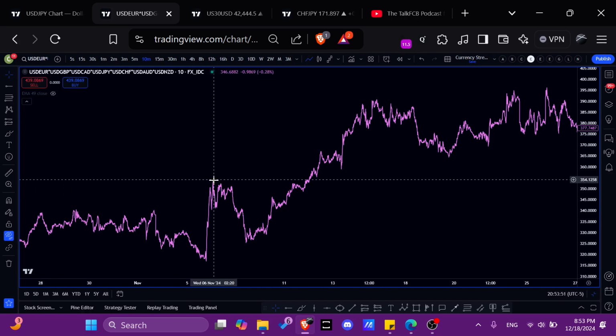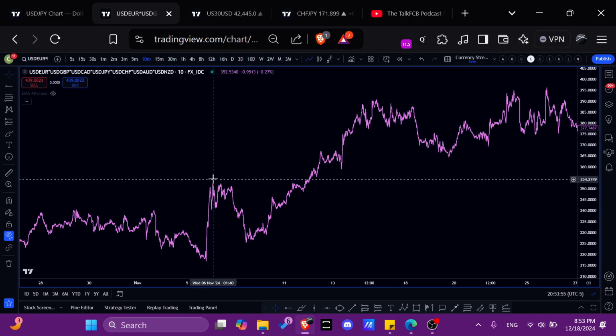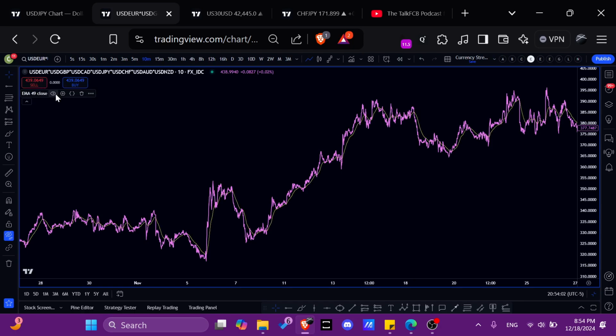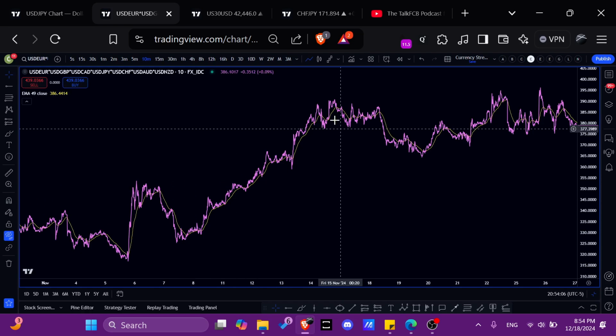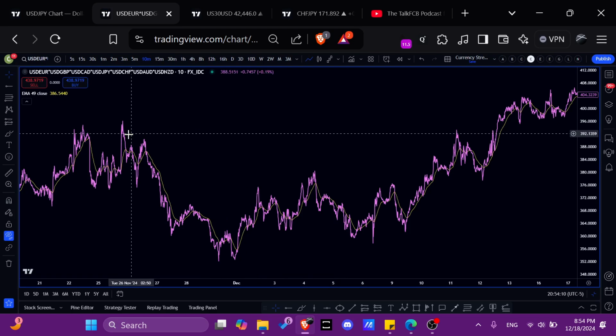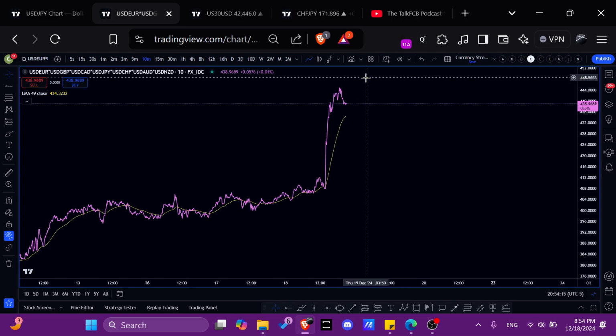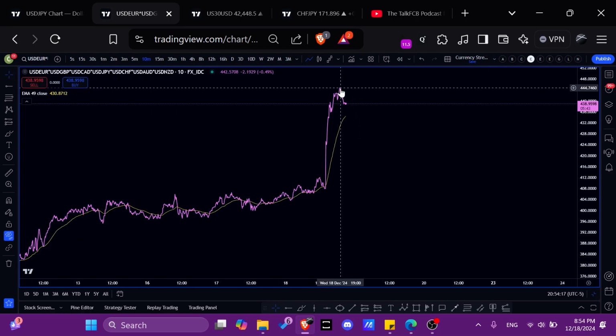A day after the election, we're at 353. We're seeing markets go up. Let's put the EMA on just for giggles, seeing it close to price. We go from 317 to 400, and at present time we're at 438.